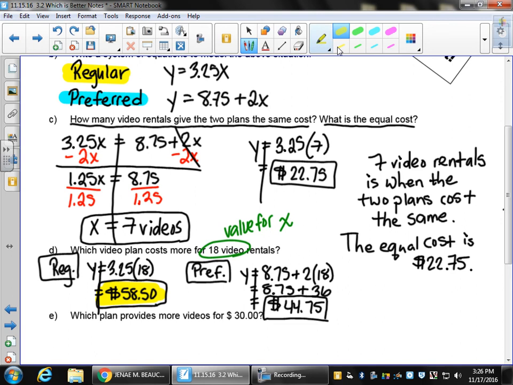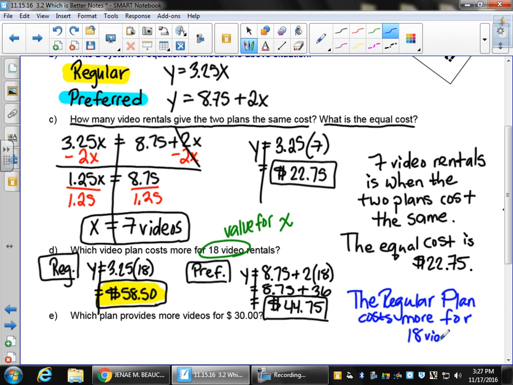So the answer to this question is the regular plan costs more for 18 rentals, 18 video rentals.